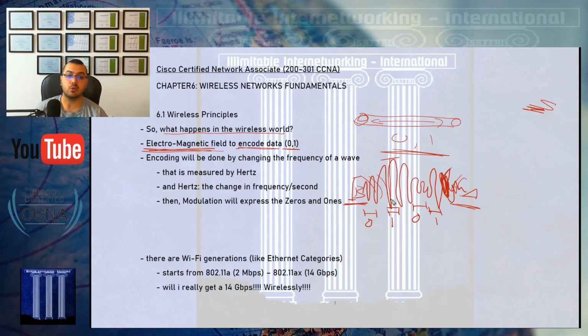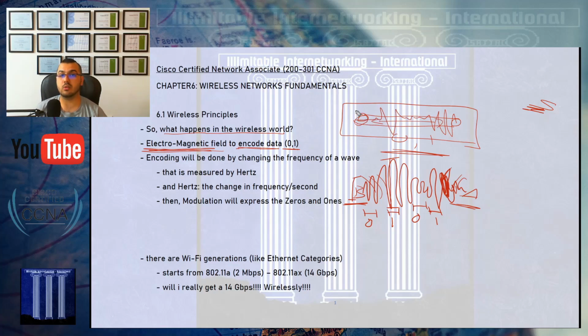So in the previous chapters, in the wired networks, like in a copper cable, there was an electric circuit field, and that field also used to send frequencies. I talked about this in chapter 1, indicating the ones and the zeros.